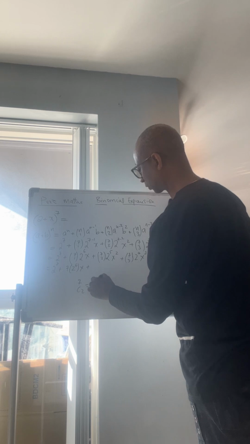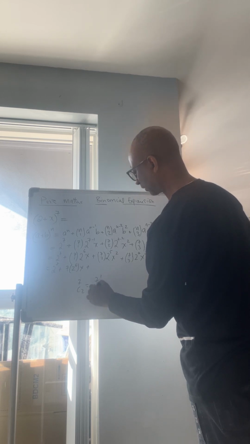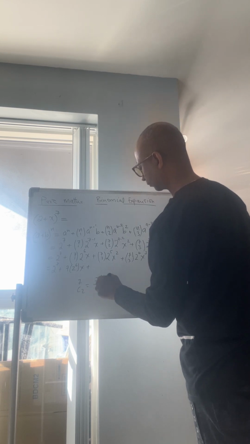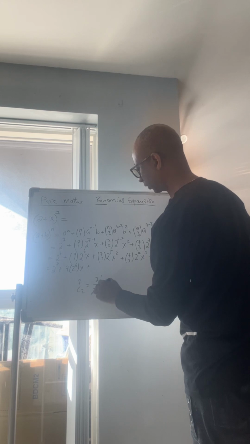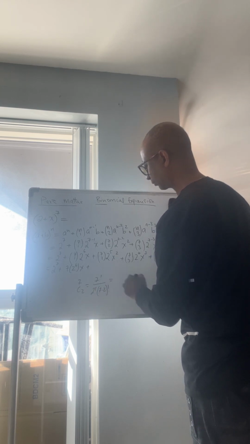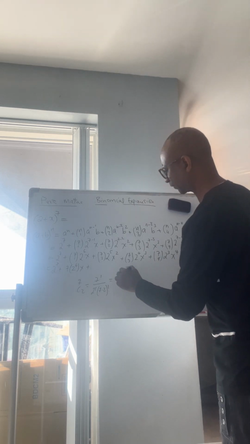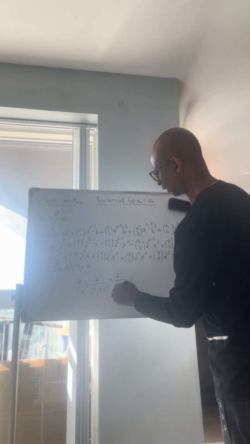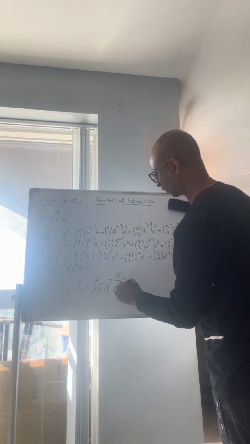You're doing the factorial. So this is 7 factorial divided by 2 factorial times 7 minus 2 factorial, which gives 7 factorial over 2 factorial times 5 factorial.